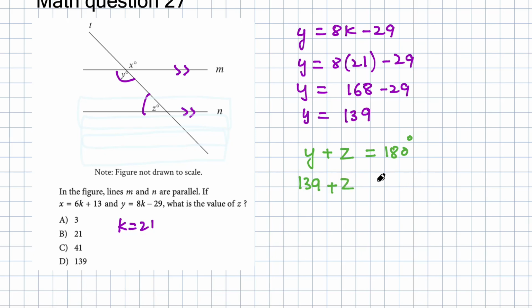So 139 plus c is equal to 180. Subtracting 139 on both sides, c is equal to 180 minus 139, so c is equal to 41.